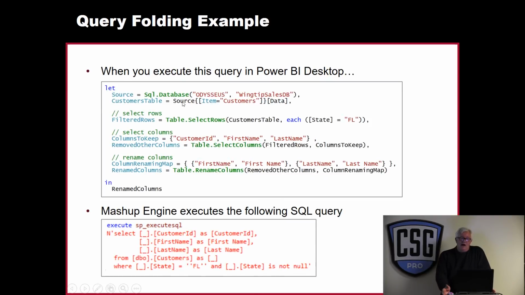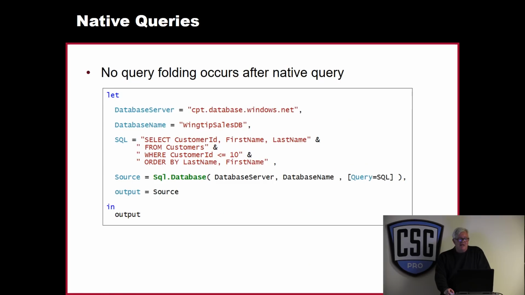Okay, now I might want to use native queries. So note that in the previous slide, if you say source item equals customers, there's an entity or a table that you're connecting to. And so here we're doing something a little bit different. We're saying query equals SQL. I'll put together a SQL statement. So once again, if you have anything afterwards that's filtering or selecting columns, it's not going to work. So native queries never include any query folding.